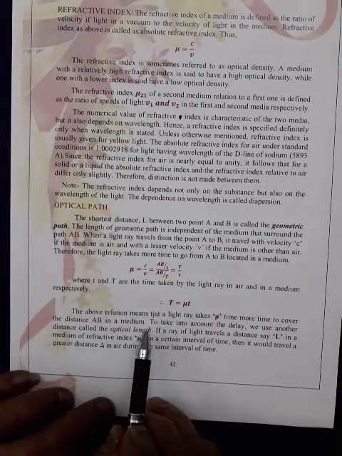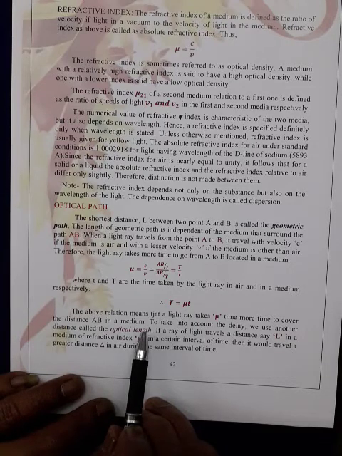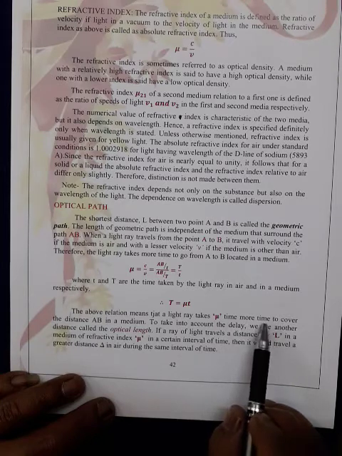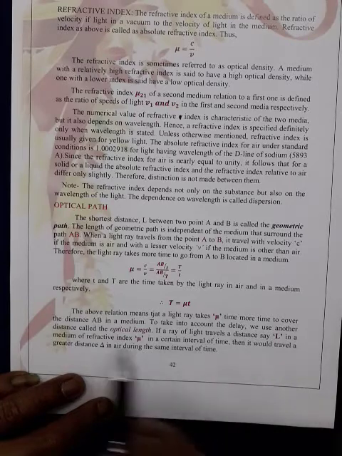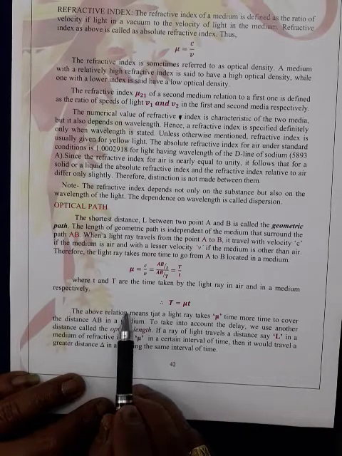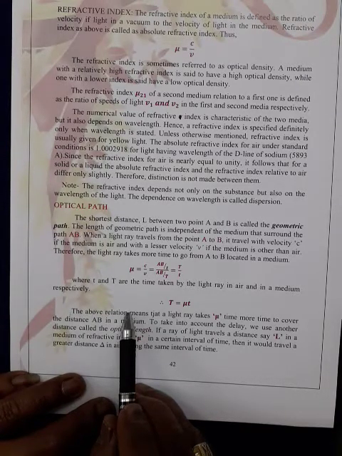Go through this line: the light ray takes mu times more time to cover the distance AB in the medium with respect to the air. When the light passes from air to the medium, where the refractive index differs, the light takes more time than in the first medium.